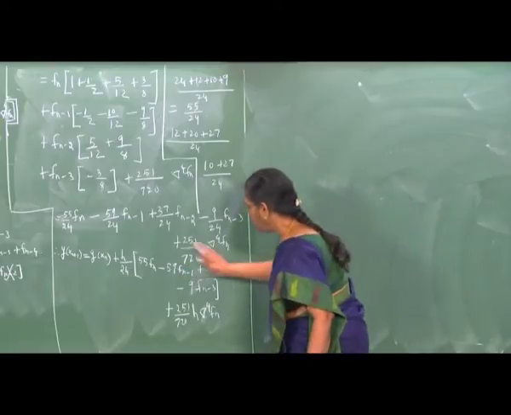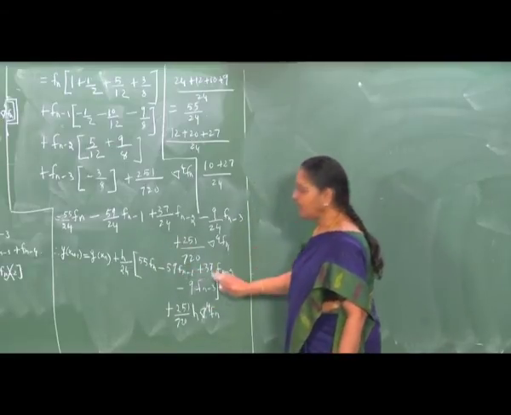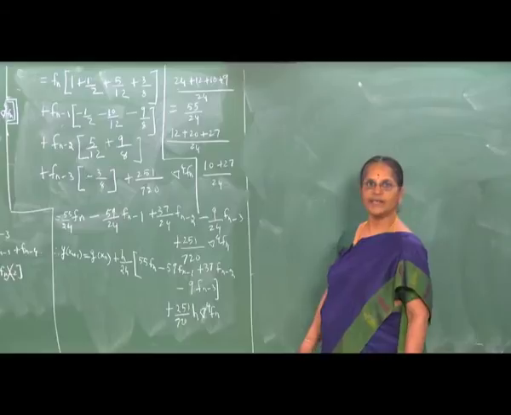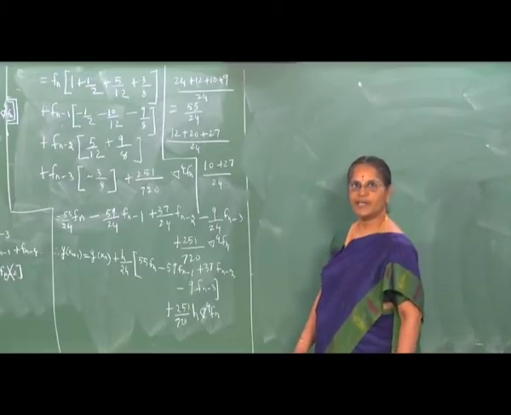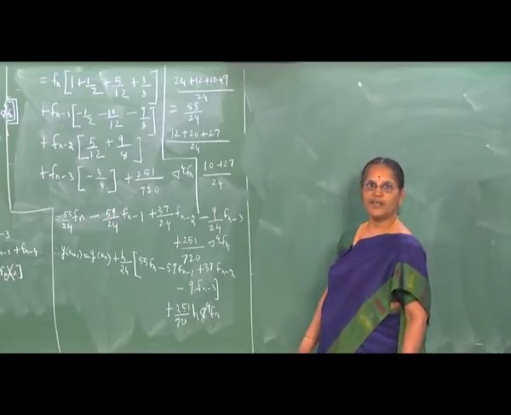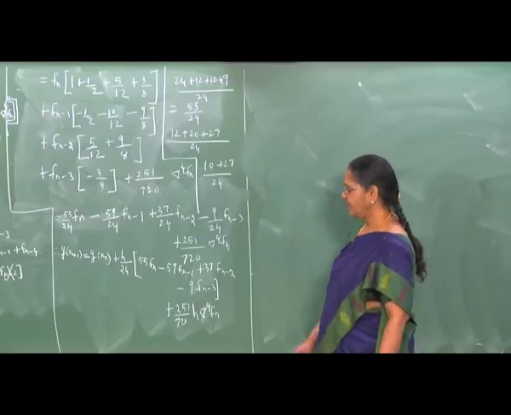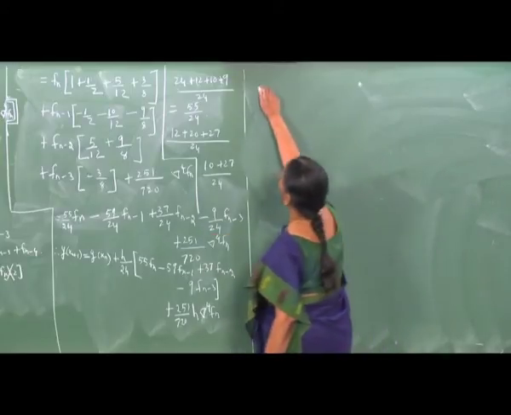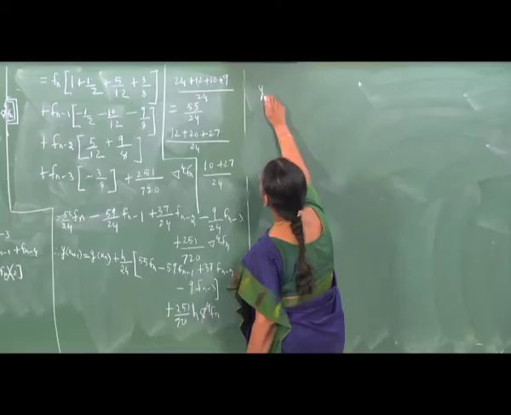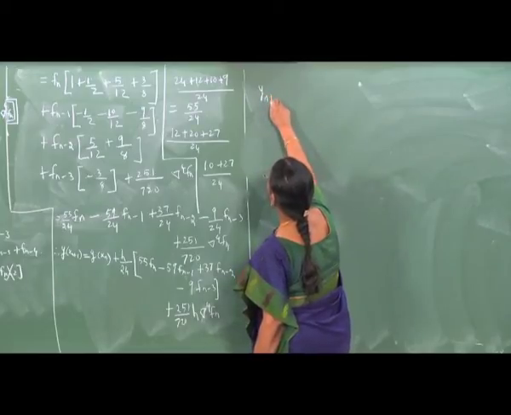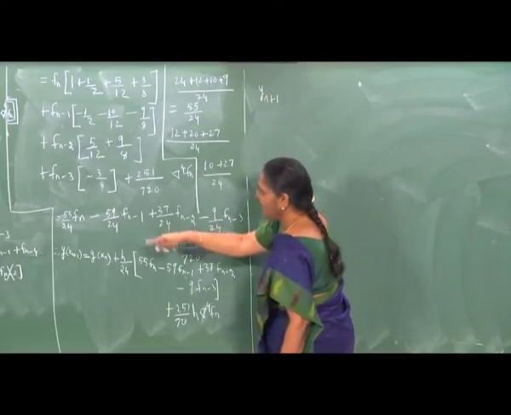And this was obtained by approximating the function f of x comma y by means of backward interpolation polynomial for equally spaced points. So, the result that we get is an approximation value to y of xn plus 1.